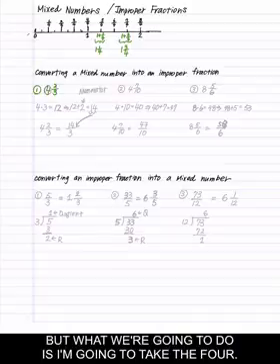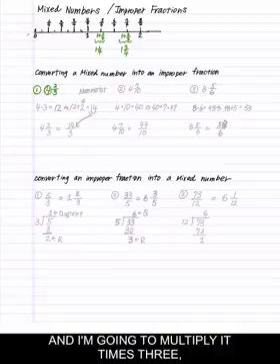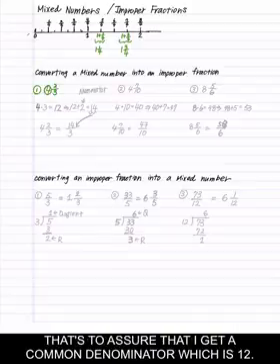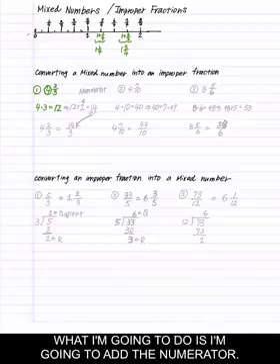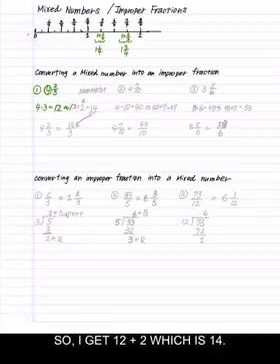What I'm going to do is take the 4 and multiply it times 3. That's to assure that I get a common denominator, which is 12. Then after I get that 12, I'm going to add the numerator. So I get 12 plus 2, which is 14.